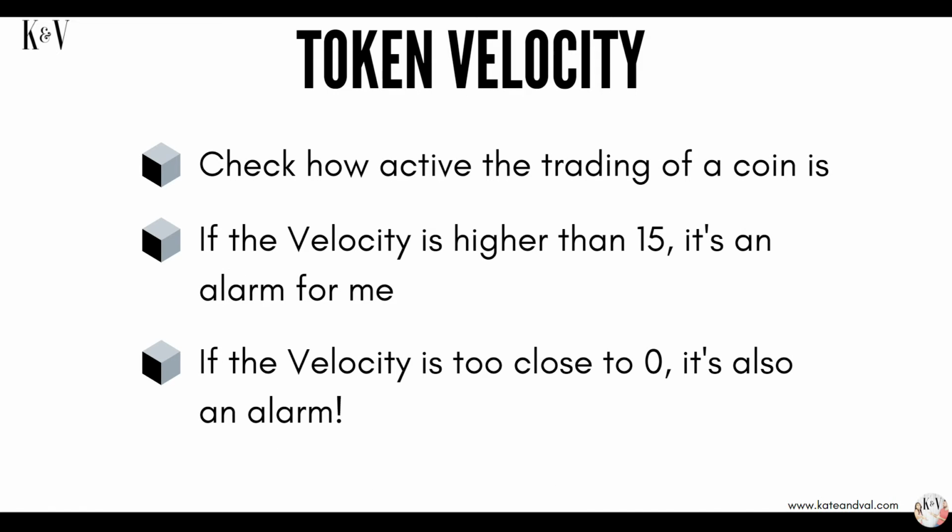The second thing that we check right away is the token velocity. So we know how many times the tokens are moving from one person to another. If you haven't seen the velocity video, go check that because it's a very important topic that you need to know. In our case, we try to invest in the long term.